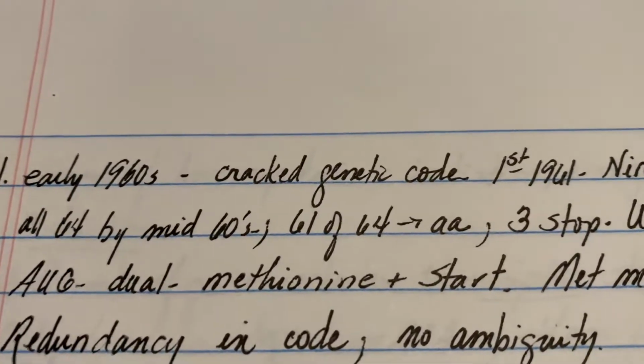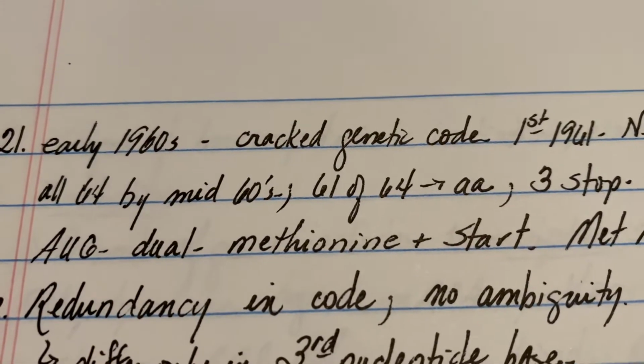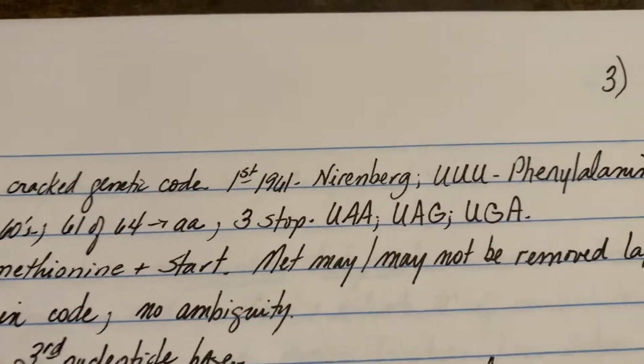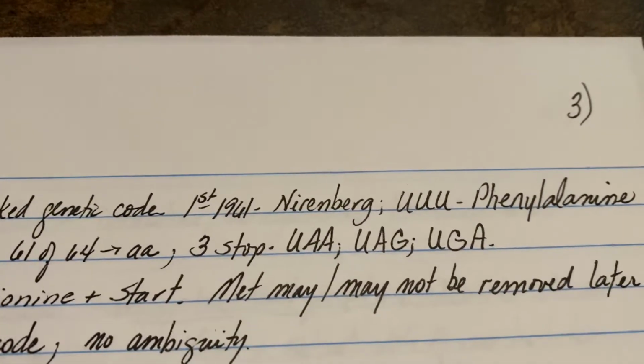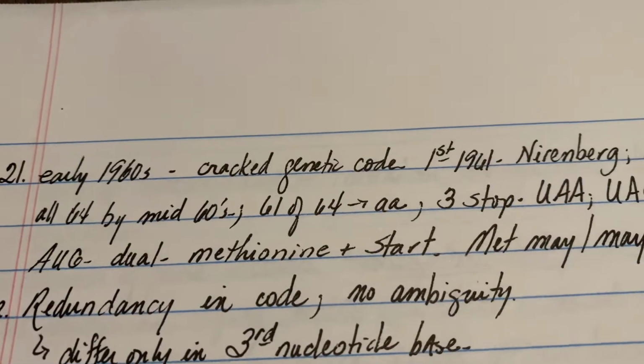And this is the one that you had in the lab handout. The first was done in 1961, Nirenberg, UUU for phenylalanine. All 64 were done by the mid-60s.